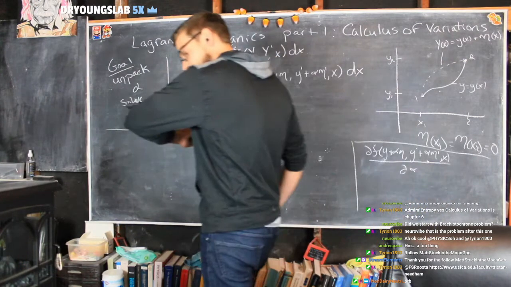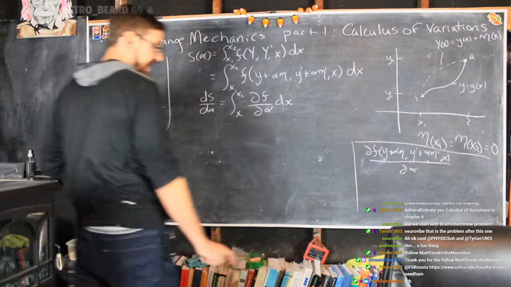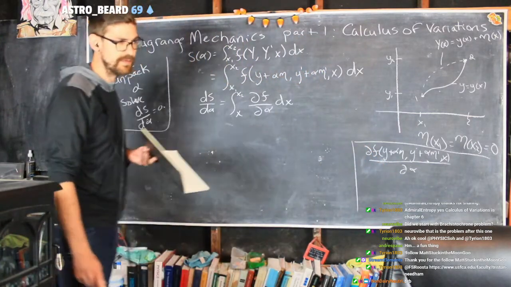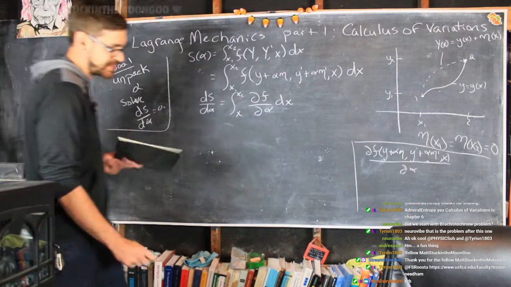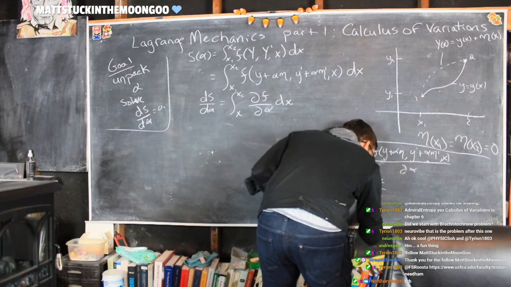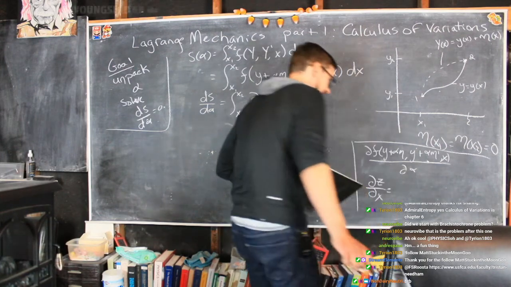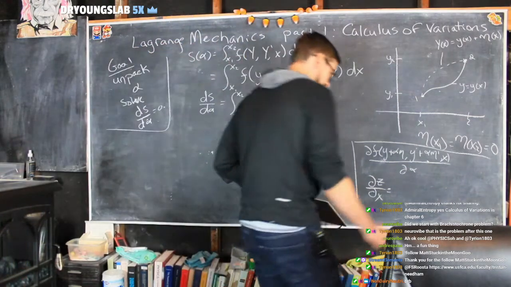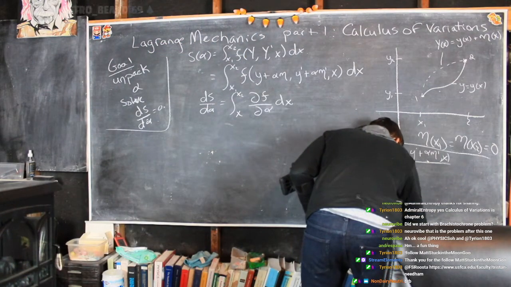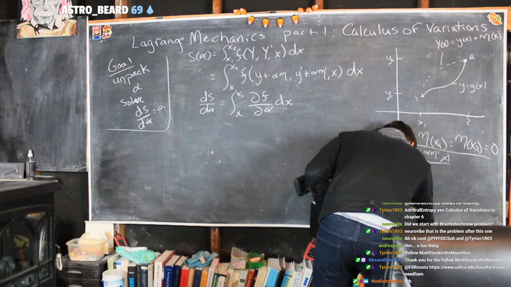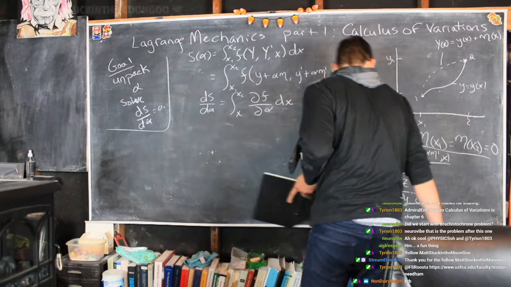We don't really understand what this is, but we know the chain rule. Let me refresh your memory on the chain rule. If we have dz with respect to dx, we can rewrite that as dz divided by dy times dy divided by dx.